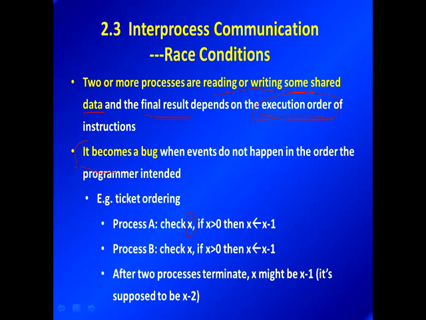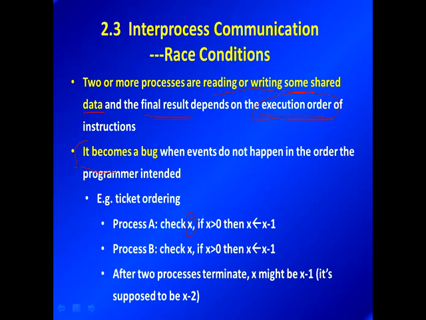If the two processes are executed one after another, I mean, after process A orders one ticket, then process B comes to access the website to order the next one, then X should be 1, right?